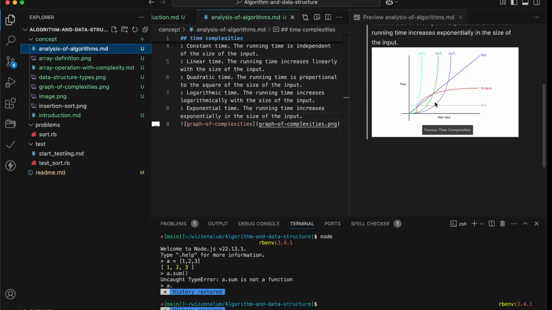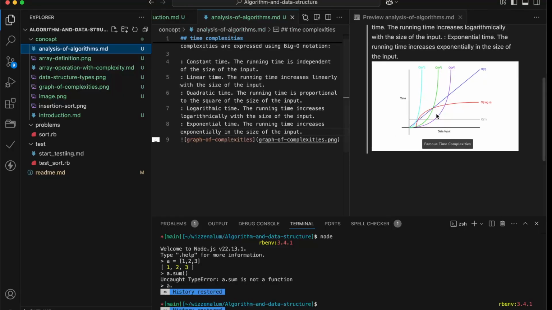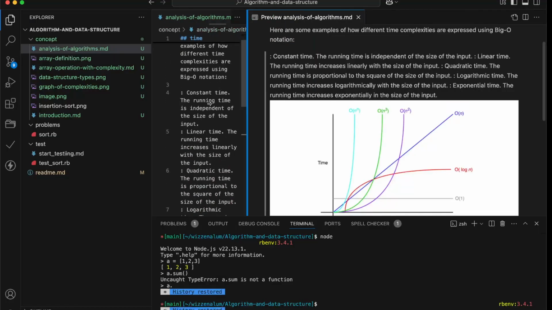This graph tells you which algorithm will be efficient in which area. Most of us think big O of one, or big O of log n, is always a good algorithm, but that's not true.